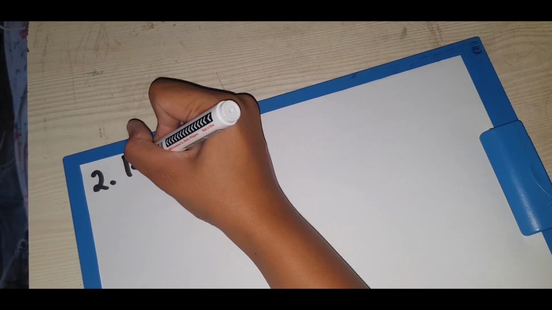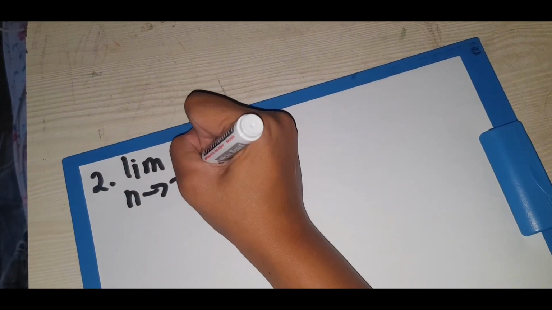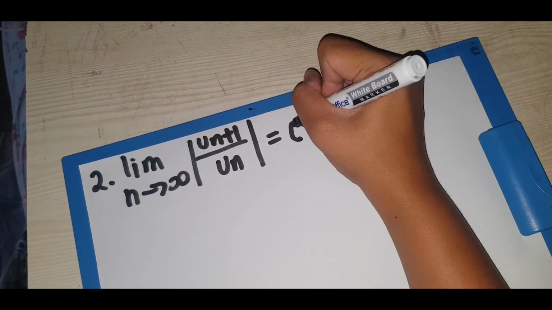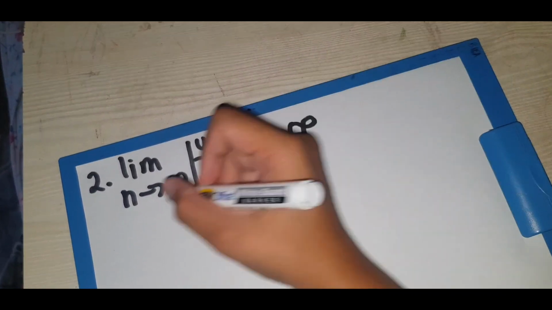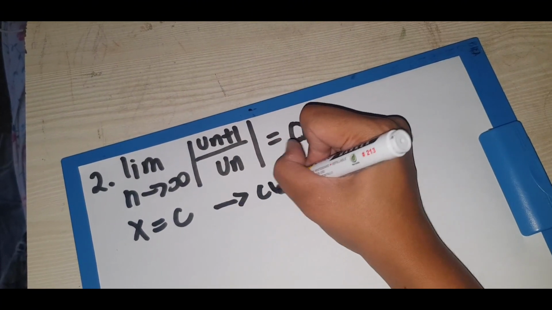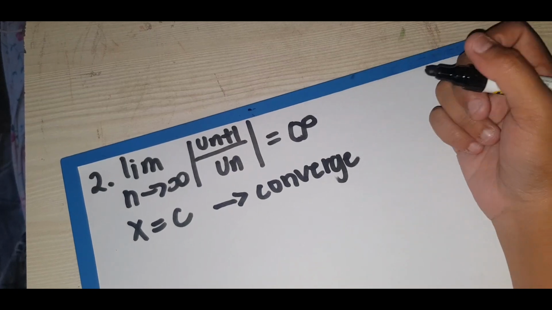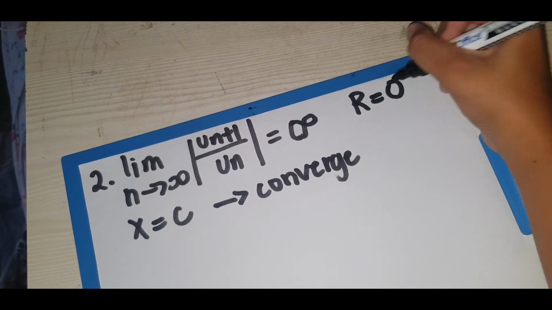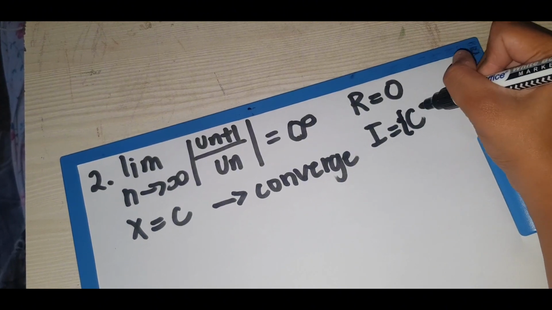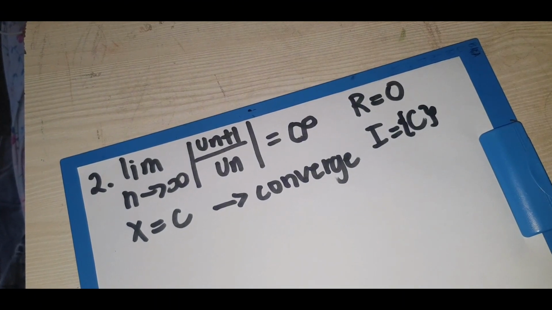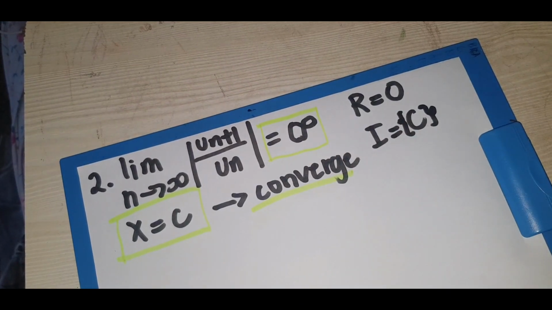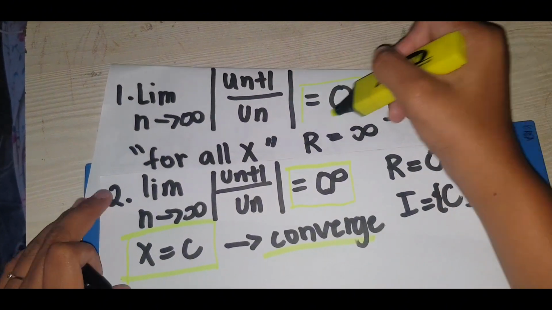The second condition is the limit as n goes to infinity of the absolute value of u sub n plus 1 over u sub n is equal to infinity. So x minus c is the convergence, then the radius is 0 and the interval is c. So whatever center we get from the formula or the given, this converges only there.